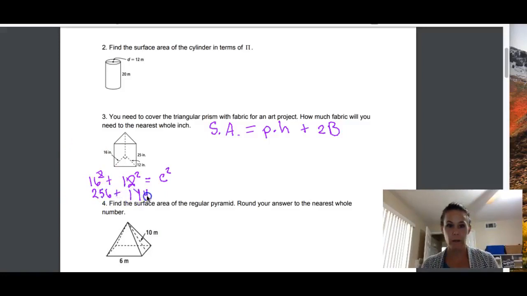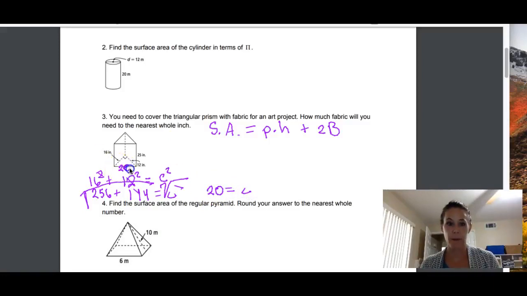And we're going to add those together. 256 plus 144 is going to give me 400. And then I'm going to square root this. And the square root of 400, I believe, is 20. So 20 will equal my hypotenuse.